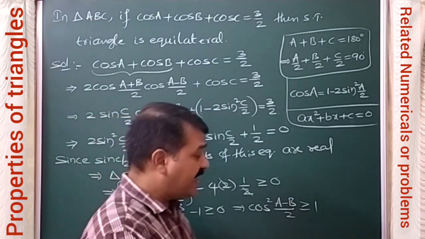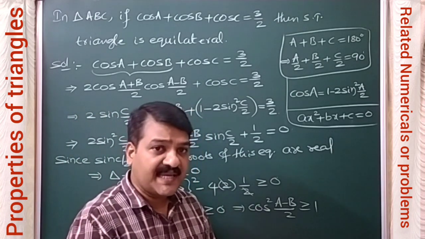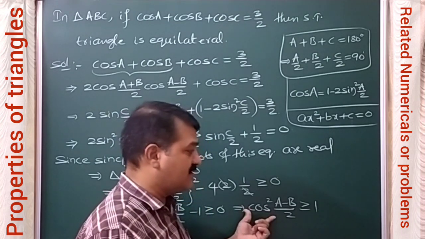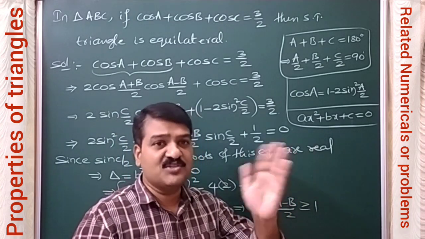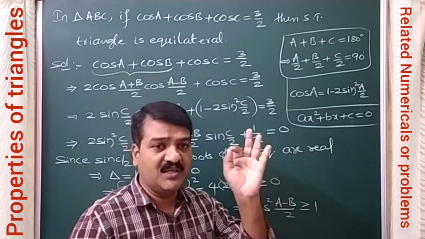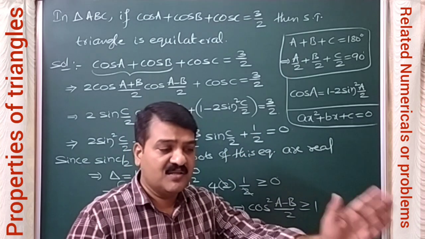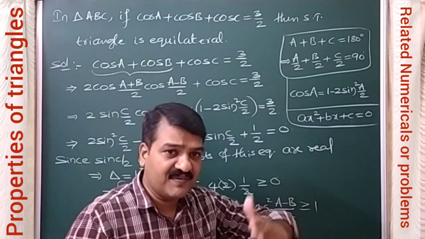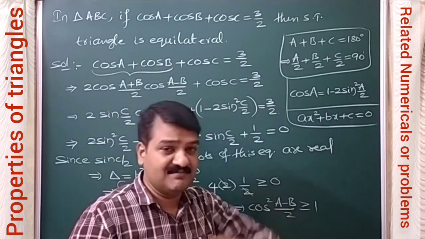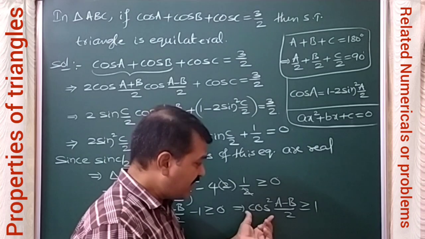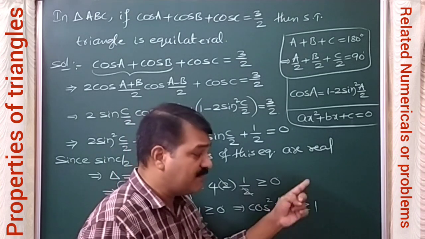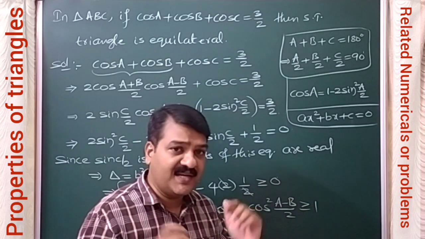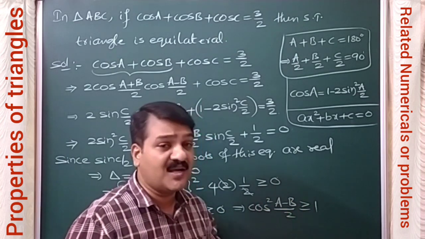Now cos square function, can it be more than 1? No, because cos square function is always between 0 and 1 only. Any cos square function varies from 0 to 1. It cannot exceed 1. So cos square (a minus b)/2 cannot be more than 1. Equal to 1, okay, we can take, but more than 1 is not possible.